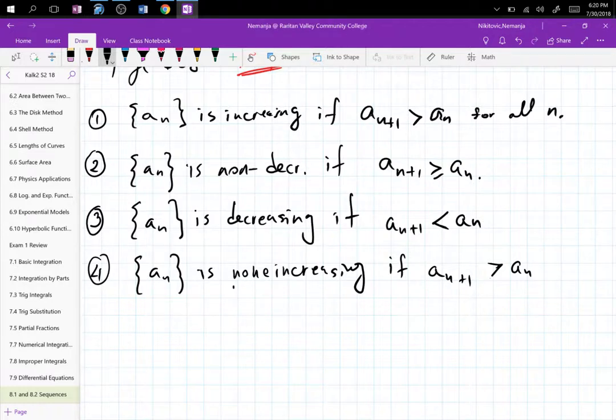And now we have monotonic and bounded. So the sequence is monotonic if it is either non-increasing or non-decreasing.